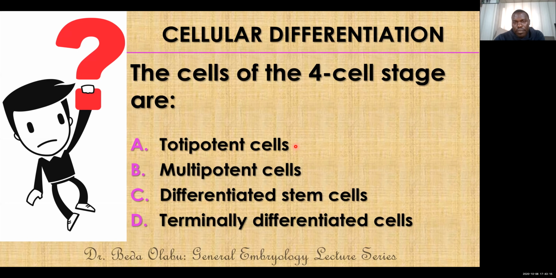When we say a cell is totipotent, it means it can form everything. When we say a cell is multipotent, it means it can form many things, but not everything. If we say a cell is a differentiated stem cell, it means that it can give rise to a particular lineage of cells.